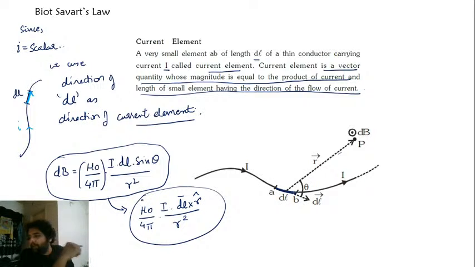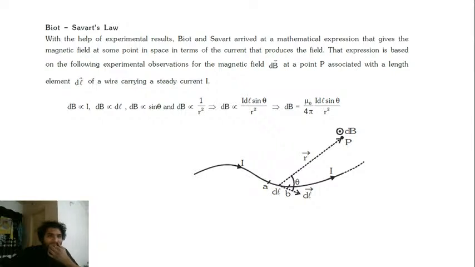This, my friend, is the Biot-Savart's law. Tongue is not twisting. Biot-Savart's law. Its value is given by mu naught by 4 pi into I dl sin theta by r square. In vector form, it is mu naught by 4 pi into I dl cross r by r square. Understood.